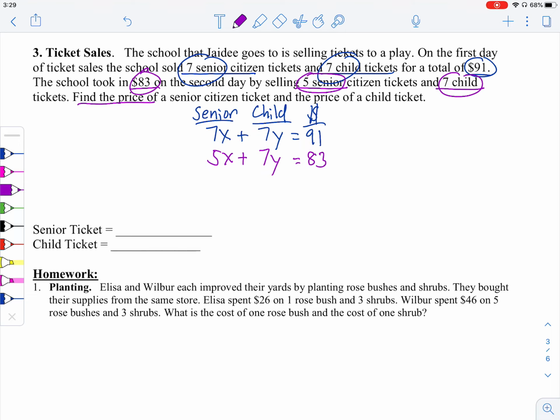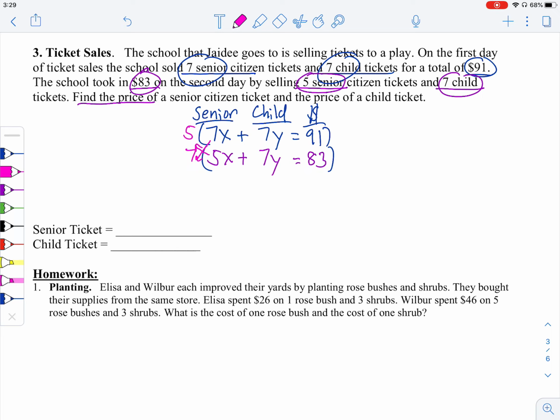And now we have a system that we can solve. Okay, so let's try to get rid of the x's now. We noticed that 7 and 5 are not easily matchable, right? So we can cross multiply.